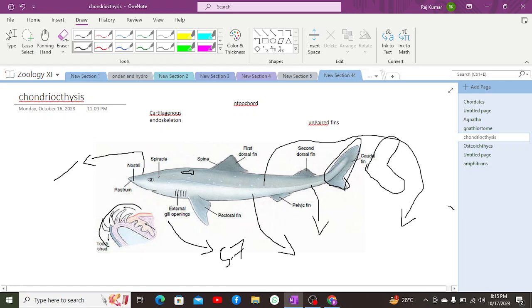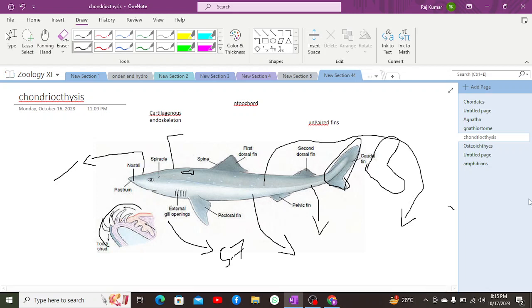Apart from that, we are having examples of them as shark. A shark is basically the largest Chondrichthyes and particularly the largest vertebrate after the blue whale.